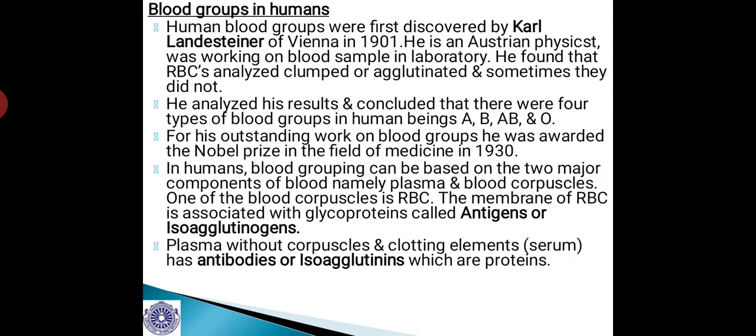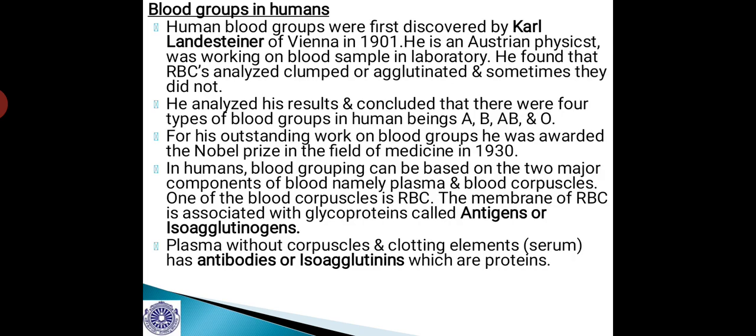So in some of the blood samples he could see clumping, and in other samples there was no clumping. He analyzed his results and concluded that there were at least 4 different types of blood groups in human beings. They are A, B, AB, and O.